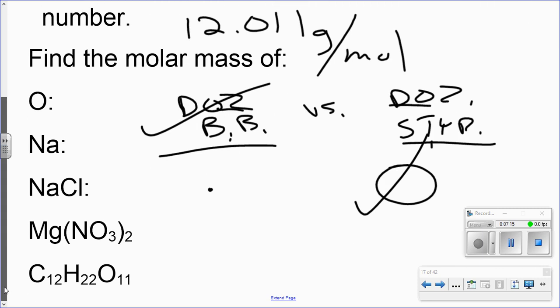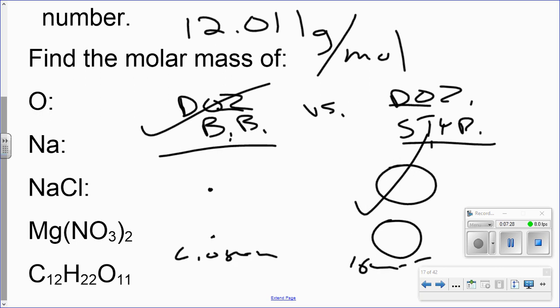Let me go one step further. Instead of a dozen, if I have a mole of carbon atoms and a mole of lead atoms, are they the same number of pieces? Yeah, it's a mole, 6.02 times 10 to the 23rd here and 6.02 times 10 to the 23rd here. It's the same number of atoms. Which one's heavier? This one.